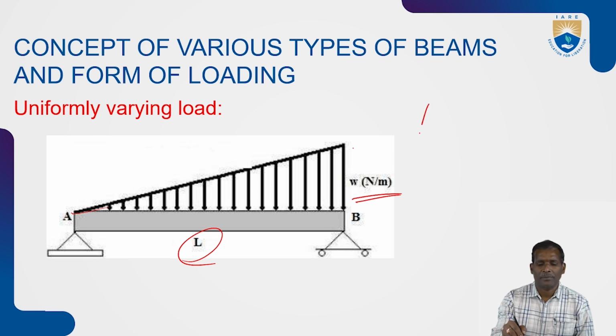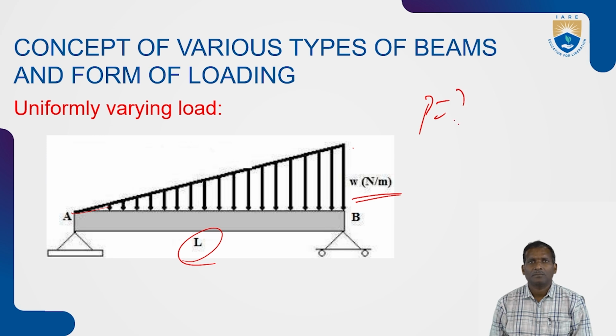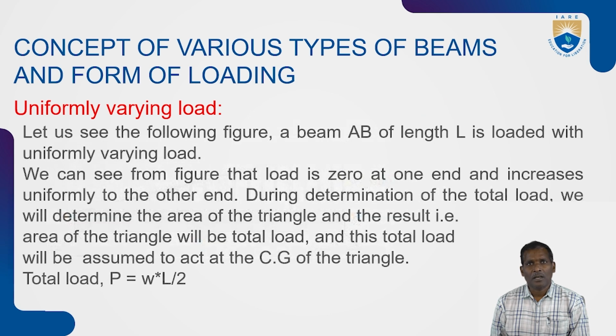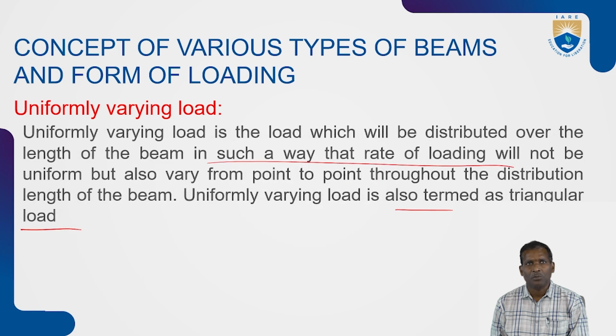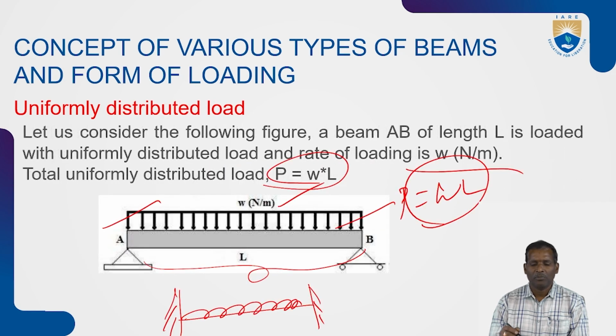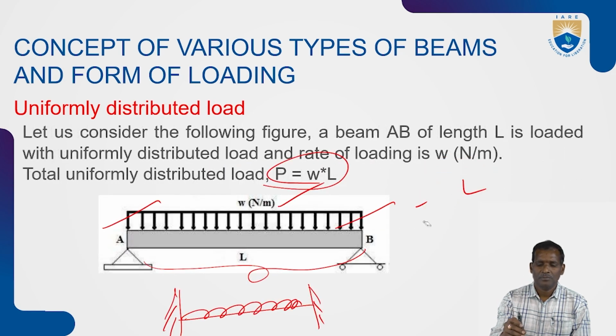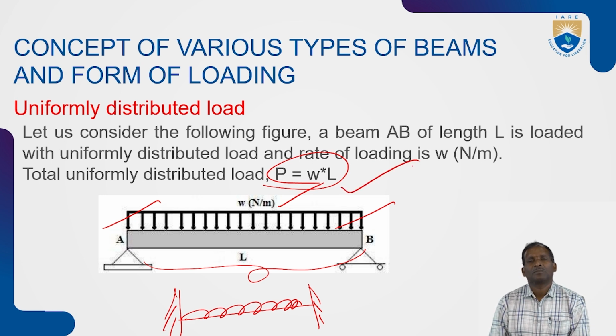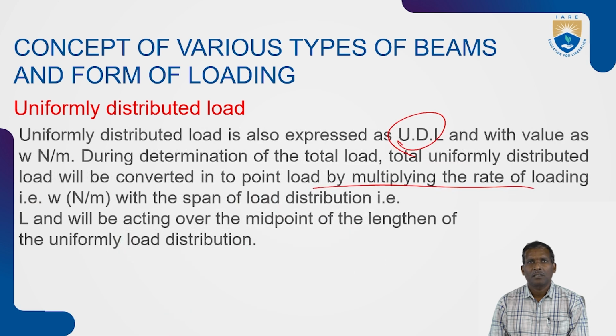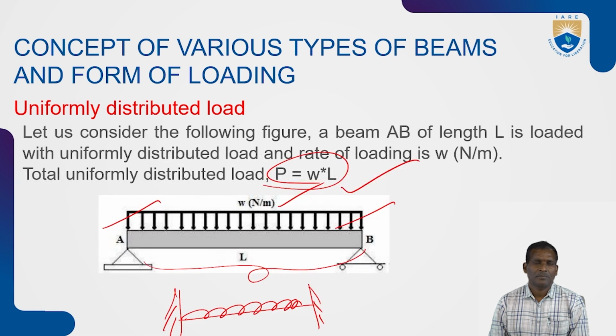How do you calculate P? In a normal UDL, P is equal to W into L, where W is the rate of loading multiplied by the length.